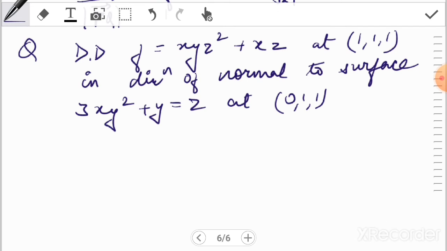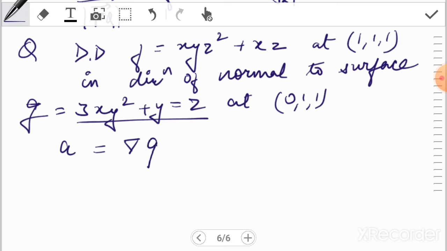So here, let's find A, which is the gradient of this surface, say g.